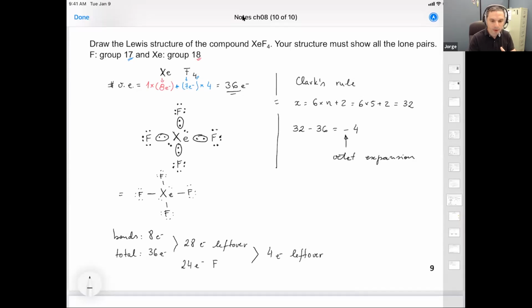And remember, the elements between the 3rd and 7th period are the only ones that are capable of expanding the octet. And the reason for that is that they have a d orbital with very similar energy compared to the p orbital. Therefore, they can be used to make the chemical bonds and accommodate non-bonding pairs of electrons.